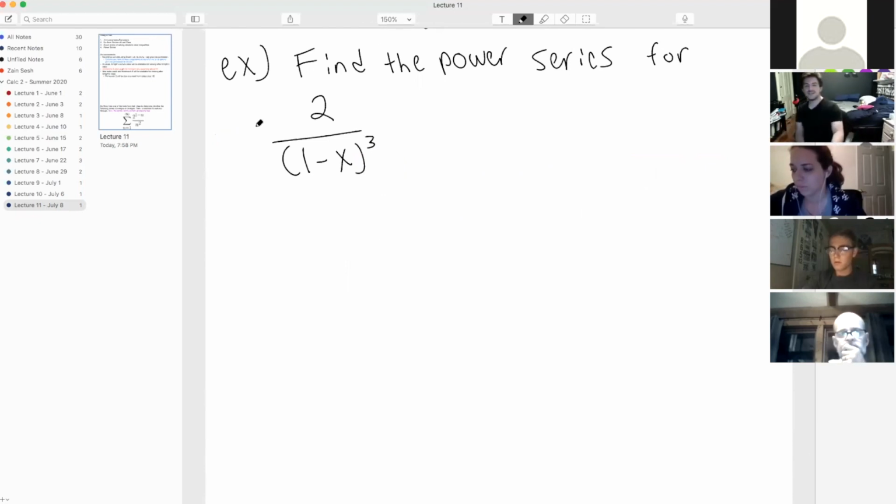So what we would like to do is to realize this function, 2 over 1 minus x cubed, as the derivative of something. Okay, so let's do that right now.